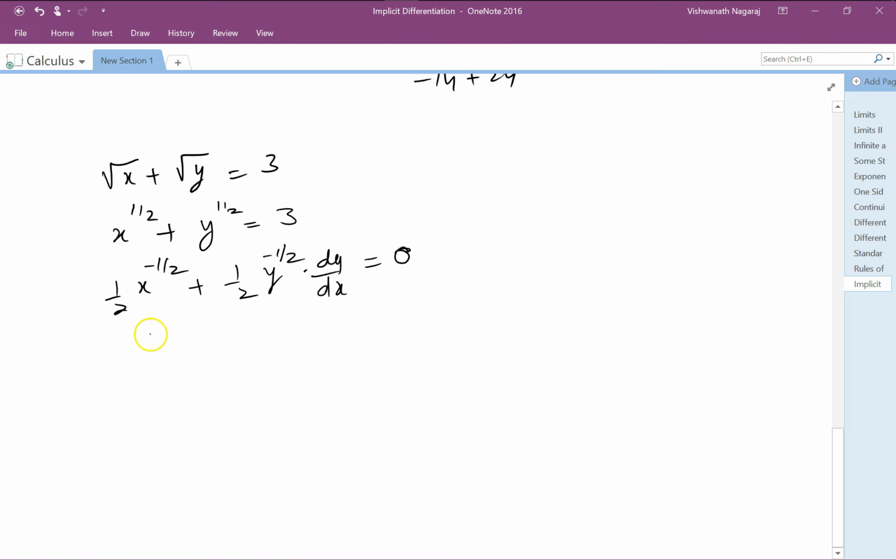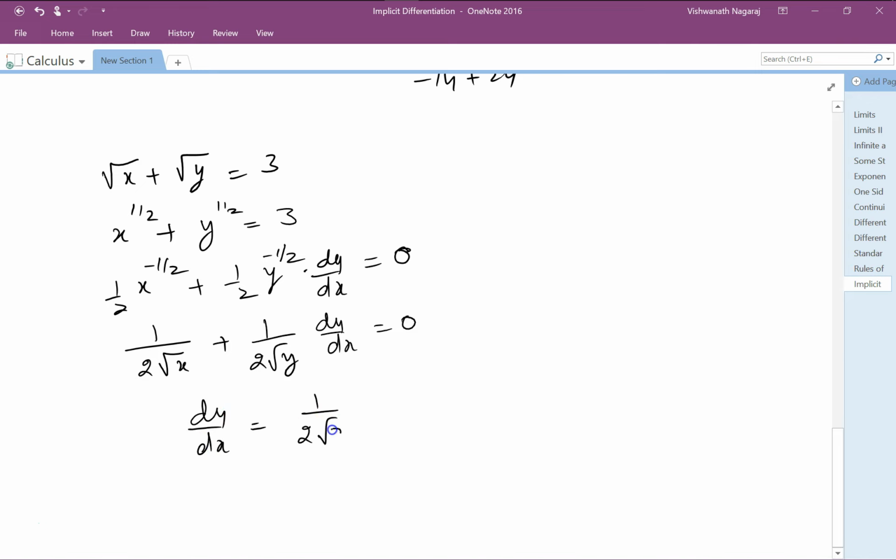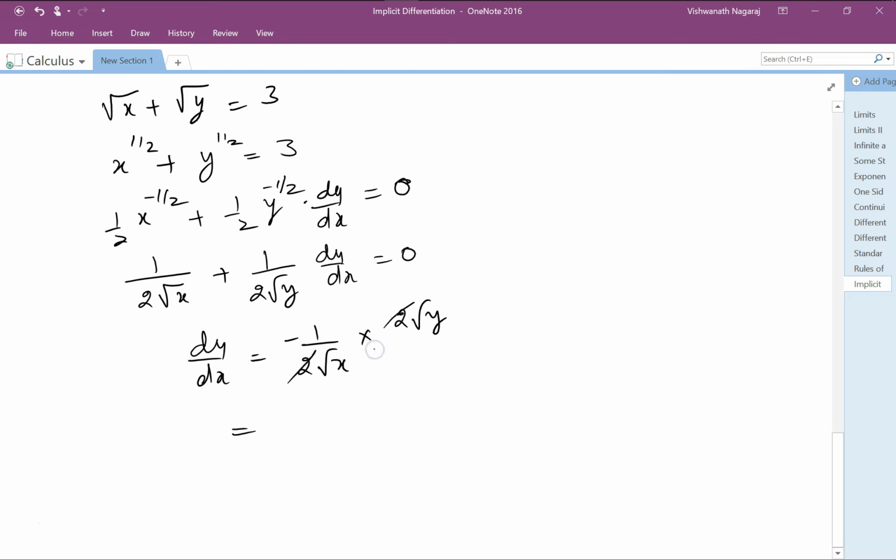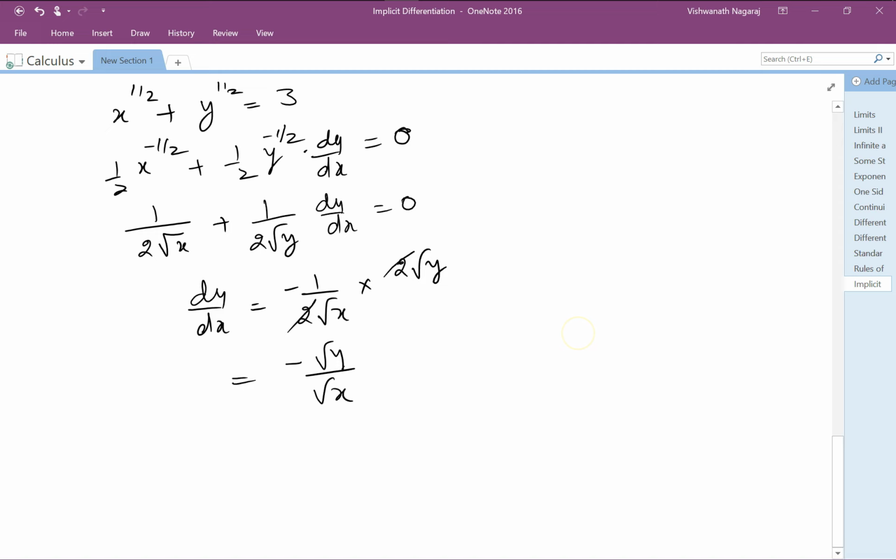This becomes 1 by 2 root x plus 1 by 2 root y dy by dx. So dy by dx would be minus 1 by 2 root x times 2 root y. 2 gets cancelled. We are left with minus root y by root x. If we want, we can rationalize it or we can leave it as it is.